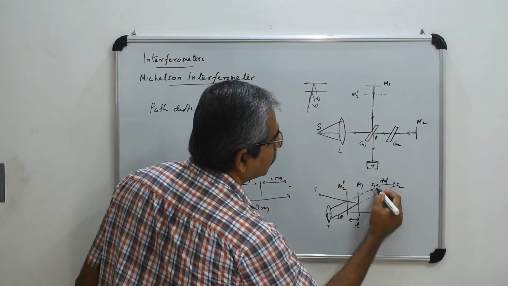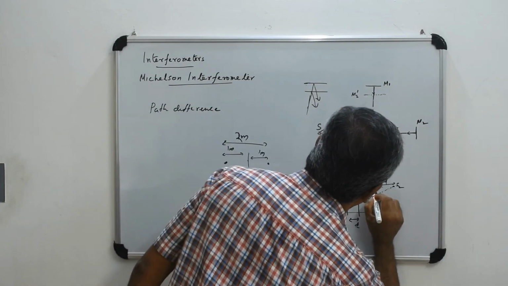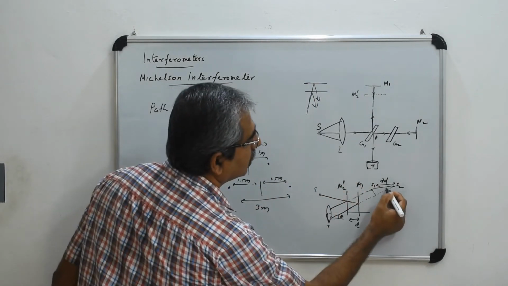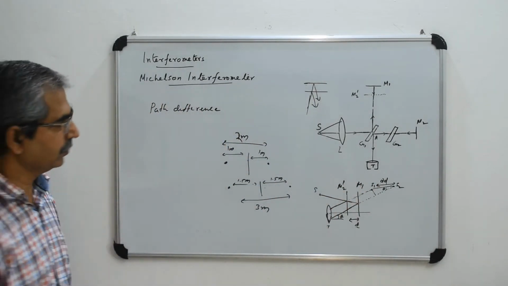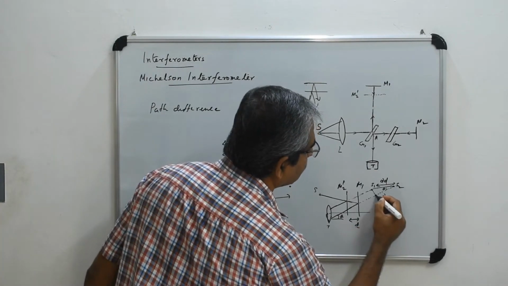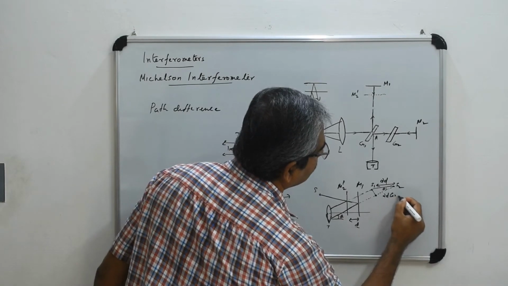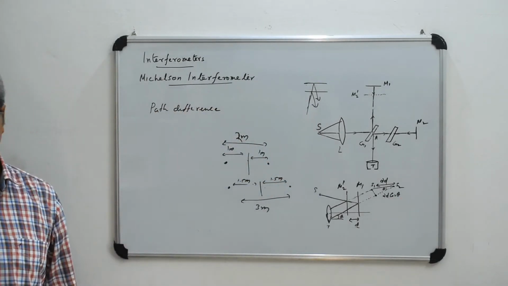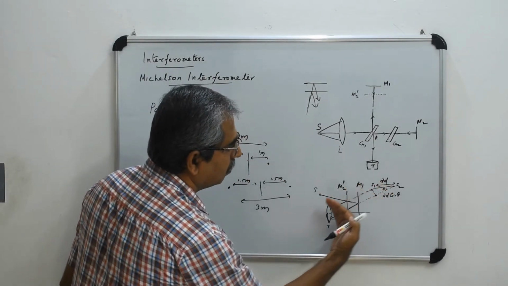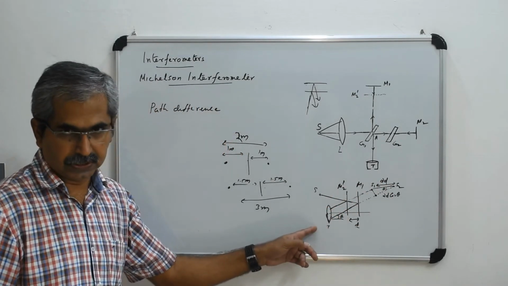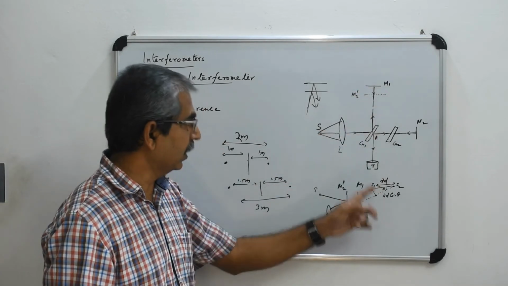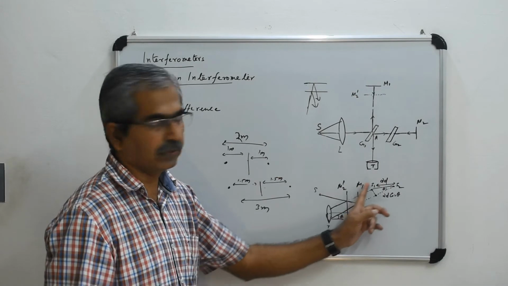That means what is this angle? You draw a line from S1 to S2. This angle is also theta, isn't it? So what is this distance? This distance is 2d into cos theta. From this line onwards, both the rays have the same distance. So what is the path difference between the rays coming from M1 and M2 dash, that is between S1 and S2?